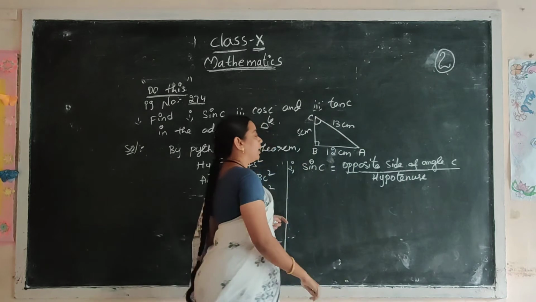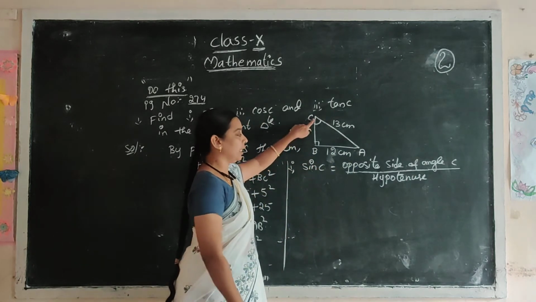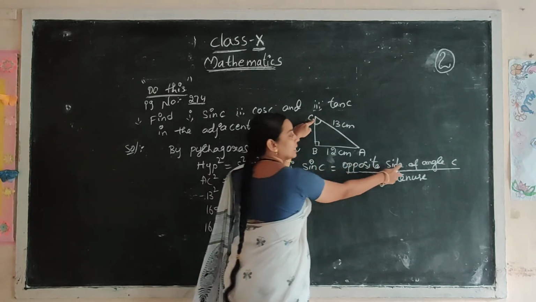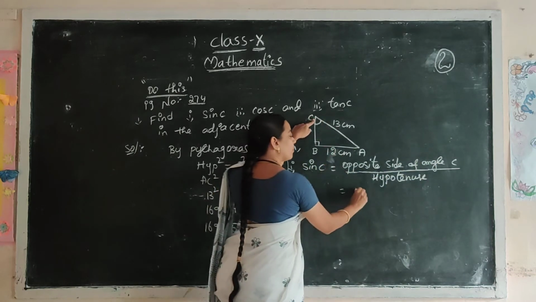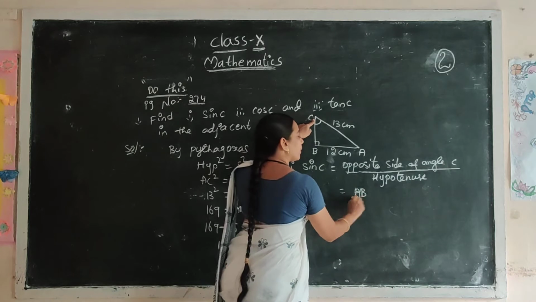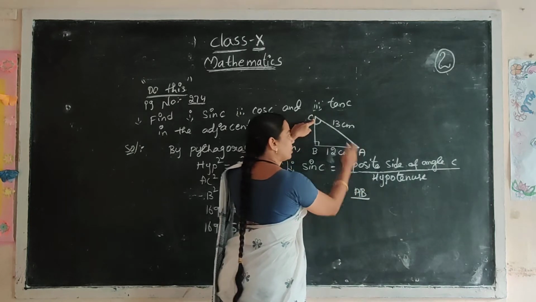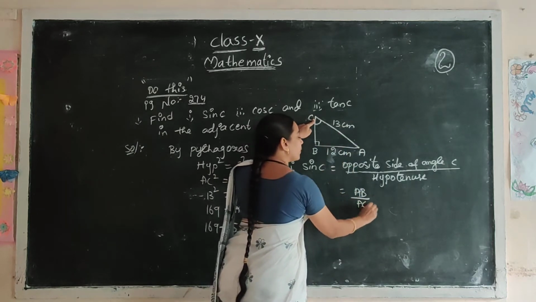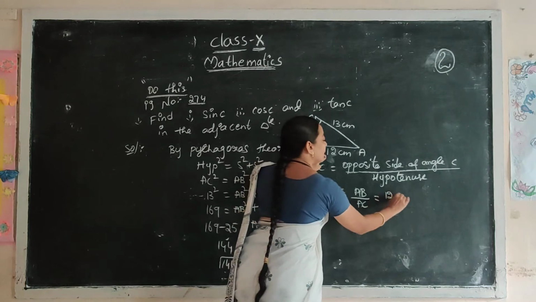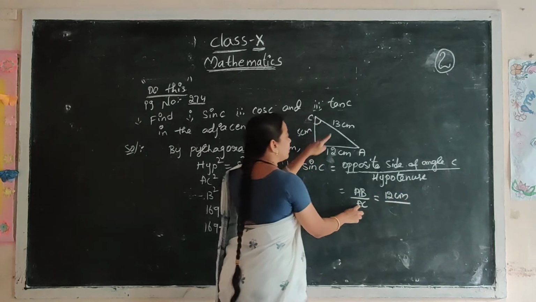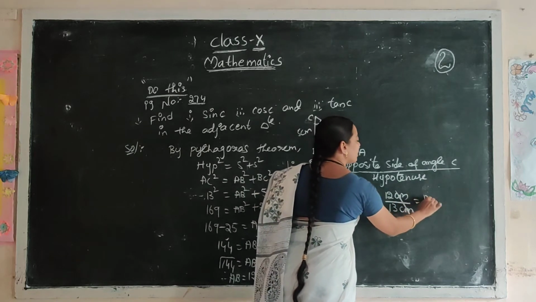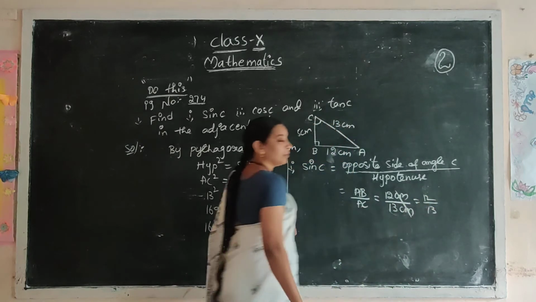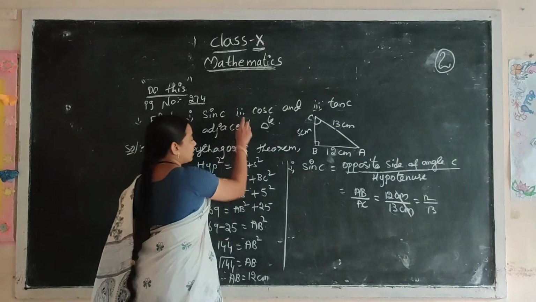In this triangle, the opposite side of C is AB, and hypotenuse is AC. AB is 12 centimeters and AC is 13 centimeters. Centimeters cancel, so 12 by 13. Next is cos C.